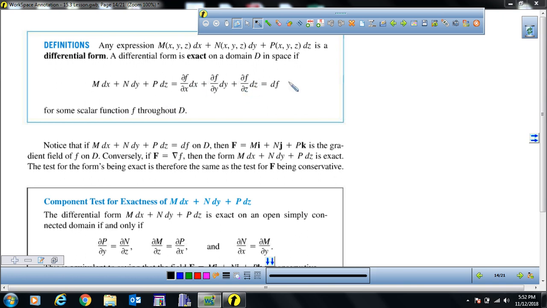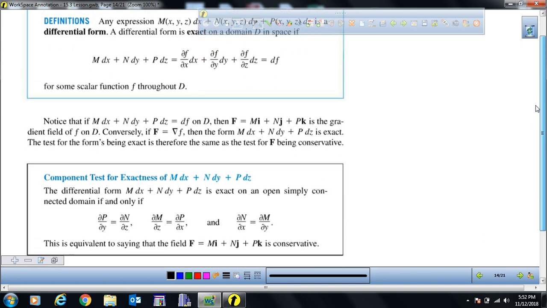You see that that's going to give us just the derivative of the potential function. So that's what it means by exact: it will exactly give us the derivative of the potential function.